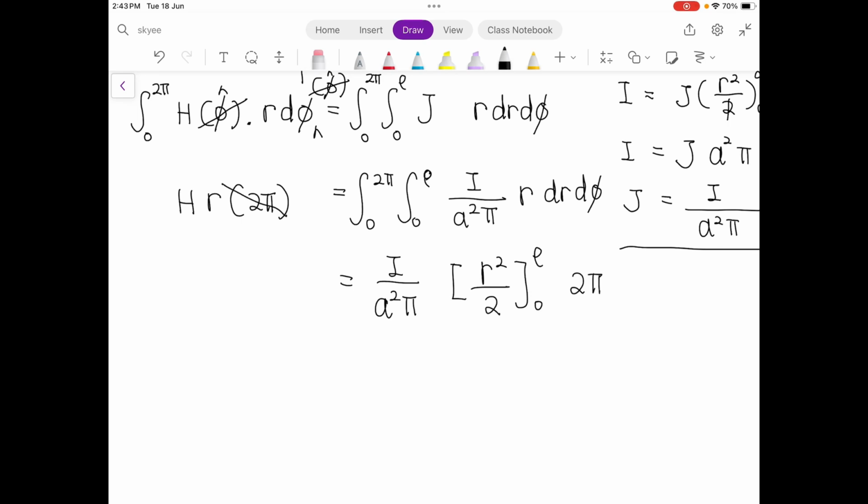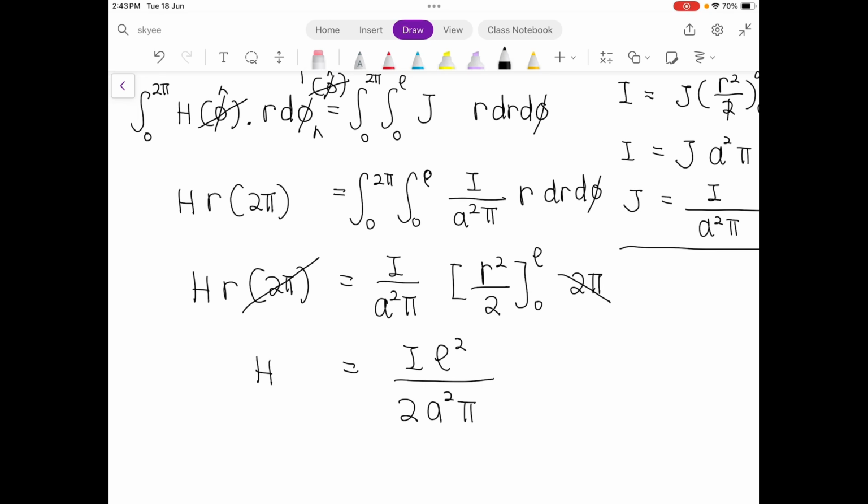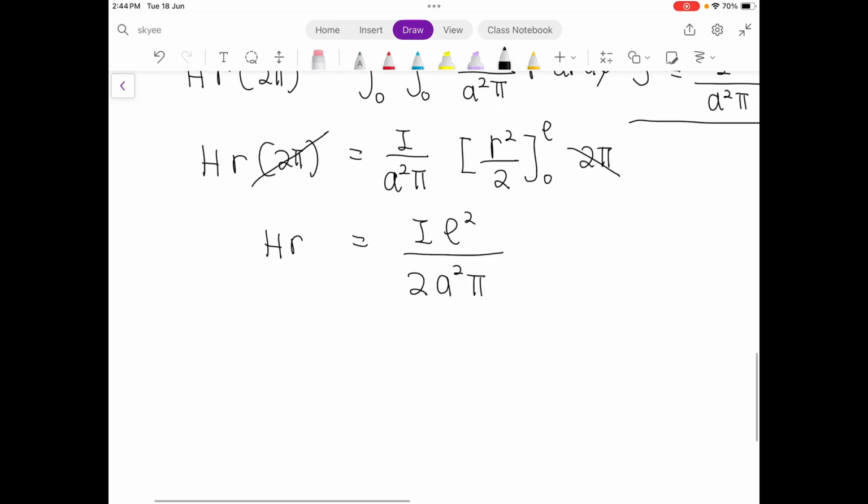The 2 pi can be canceled out. So you will have I rho squared over 2 A squared pi equals H r. The r here you have to replace with rho, because it is the position where you want to find the magnetic field.